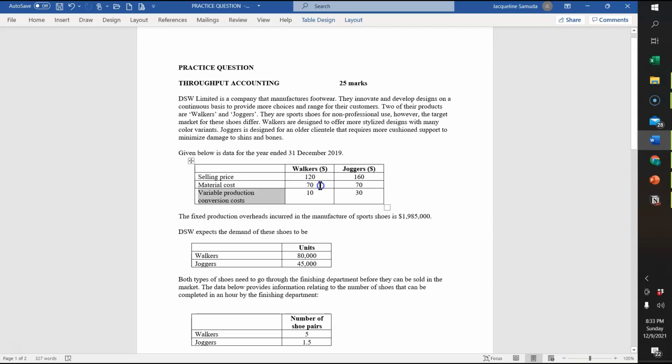Now, if we were doing marginal costing, we would need another piece of data, but when we reach that slide in the previous presentation, I will address it.